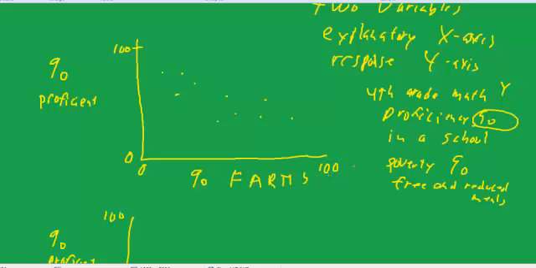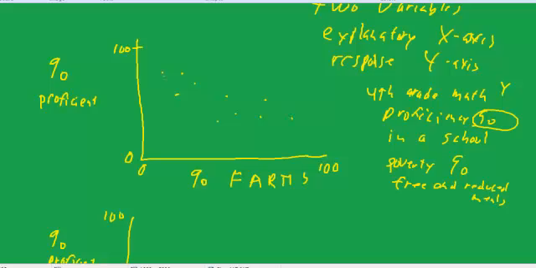So what a point like this would indicate is that there was a school with a very low percentage of FARMS students, let's say 10%, and a relatively high percentage scoring proficient in math, 70%. And this would be a school where there was a relatively high percentage of students in poverty, let's say 70%, and a relatively low percent proficient in math, 40%.